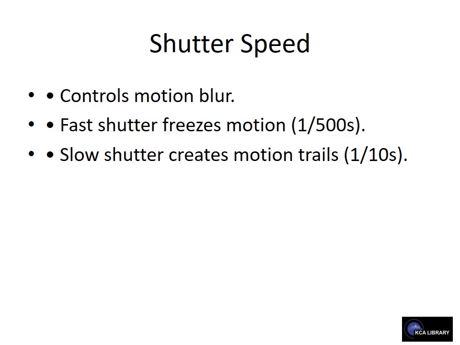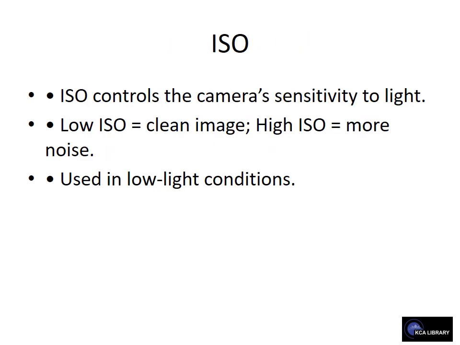Shutter speed helps you control motion blur. A fast shutter freezes motion, while a slow shutter creates motion blur. Your ISO controls the camera's sensitivity to light.